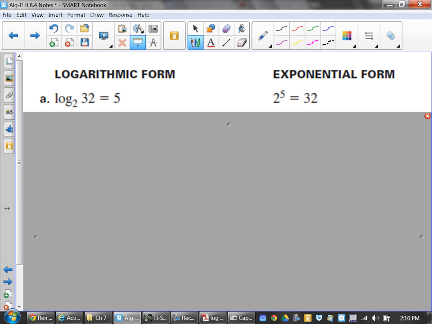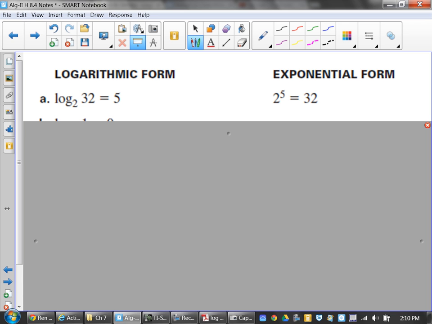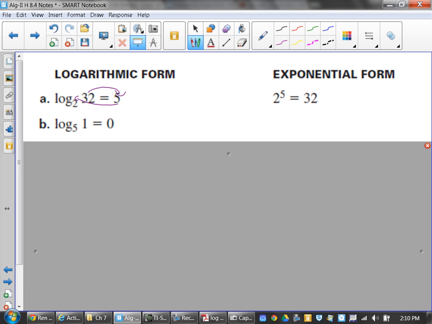What Claire brought up is that you'll notice this 5 is just going to the exponent here, and the 32 comes out this way. 2 to the 5th power is 32. What she notices is that if you just flip-flop them, you're getting your exponent form. You see that?